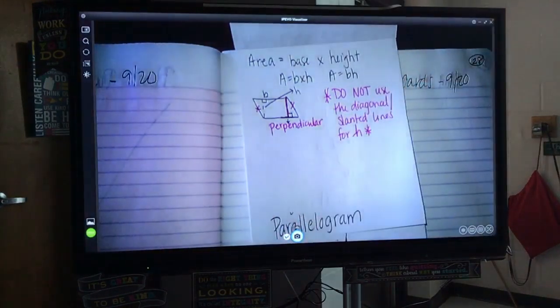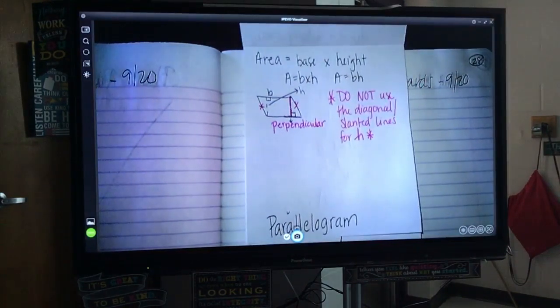Please also put that down, in capital letters: you do not use the diagonal or slanted line for the height. You do not, you do not, you do not. If you listen to nothing else the rest of the day, please listen to that.